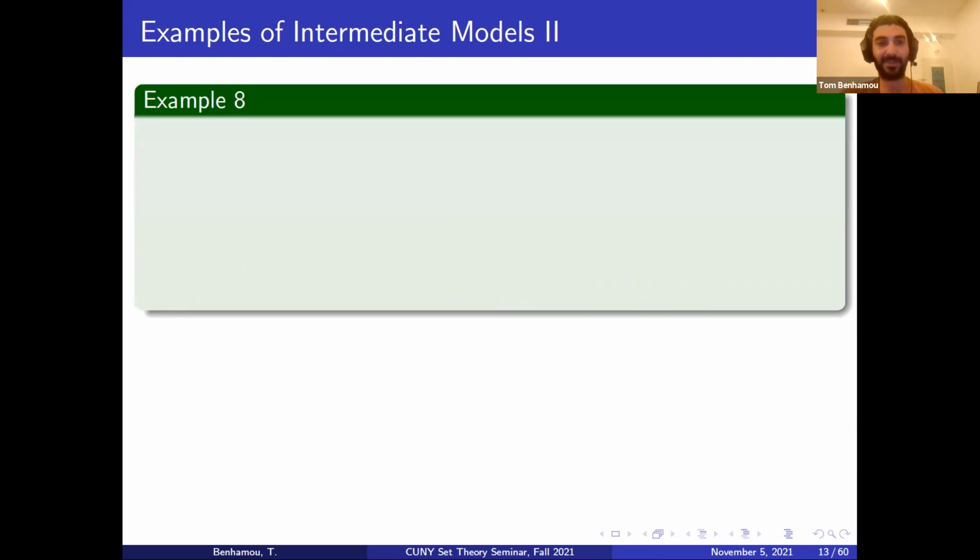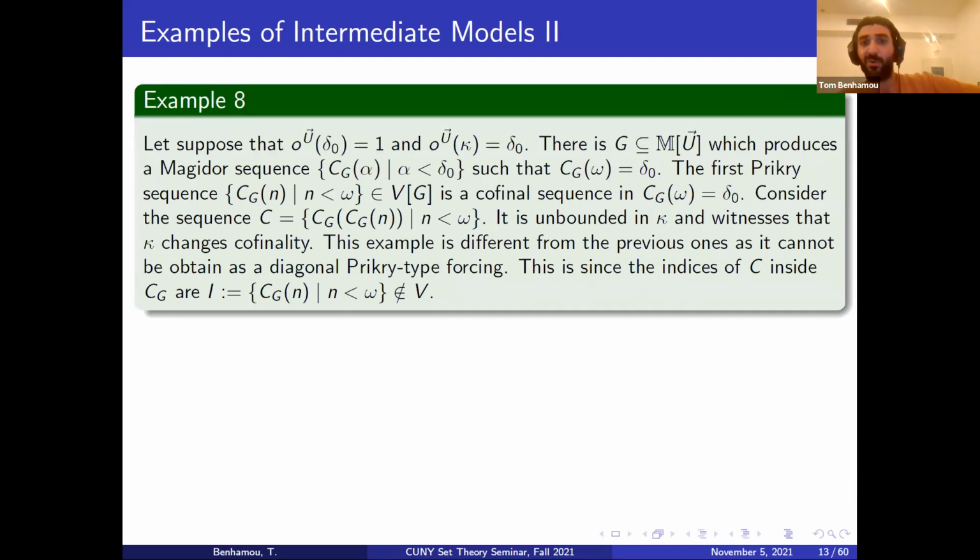Okay, so the next example is going to be a bit more complicated. Assume that the order of kappa is delta 0, and the order of delta 0 is 1. So kappa is some measurable cardinal of order 1. So the order of delta 0 is 1. This is the shortest way to say it. Then we can find a generic extension.